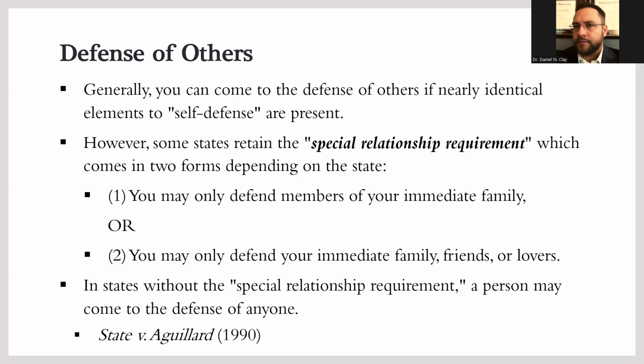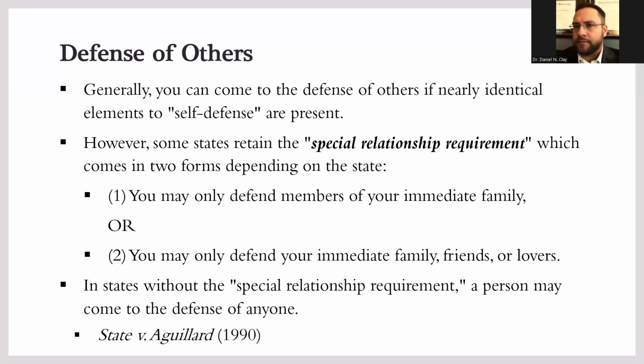So, depending on the state, some states say that you can only defend members of your immediate family, right? So if you see your spouse being hurt, your child being hurt, your mom being hurt, your dad being hurt, you can come to their defense.